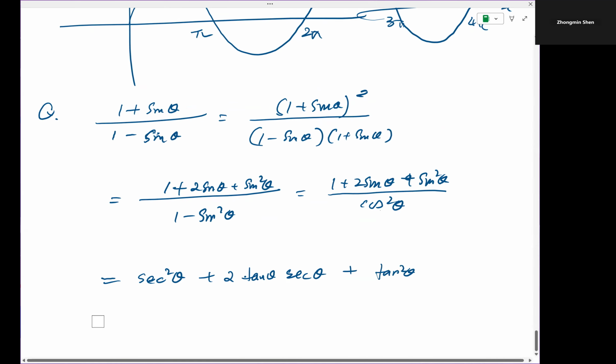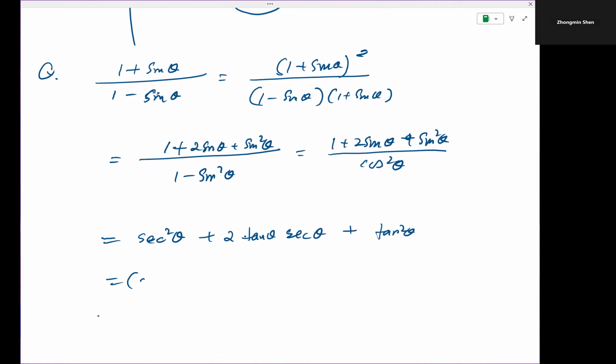Sometimes they ask you to simplify this expression. The same expression shows up in many different ways. And you will see that this is secant theta plus tangent theta, squared. So there are many expressions.